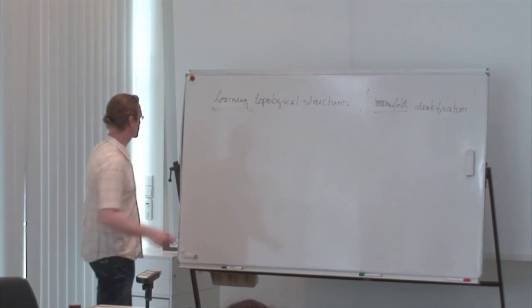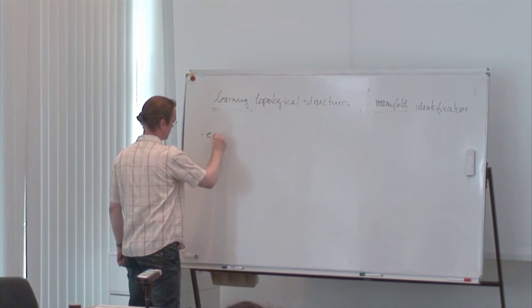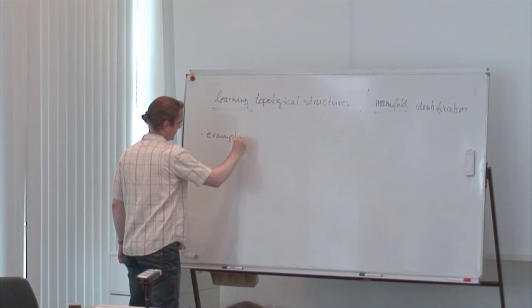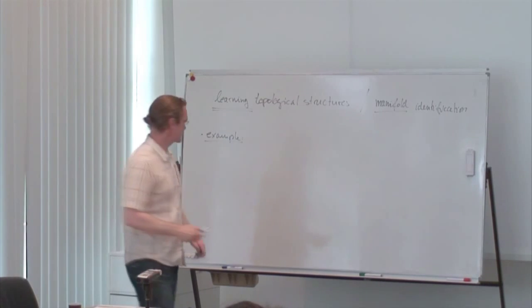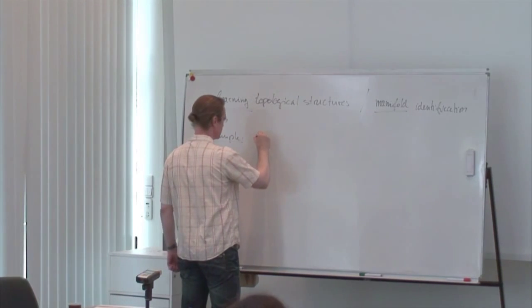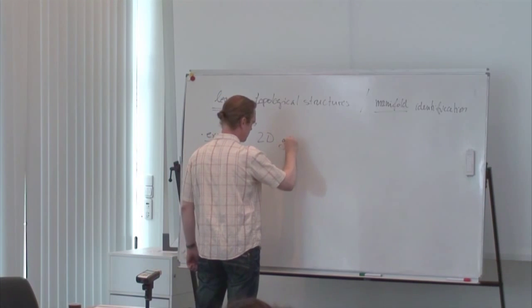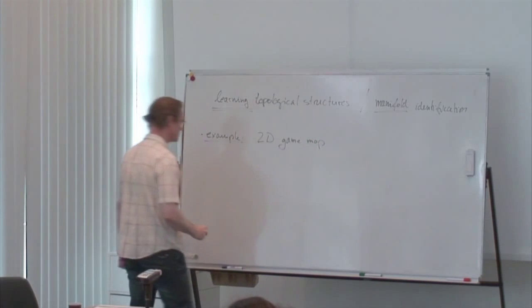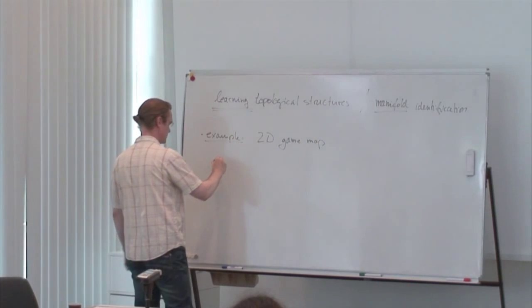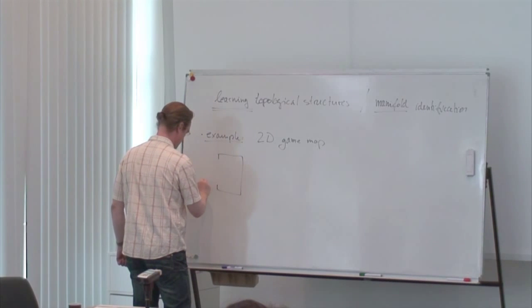And our application example is the following. And it has to do with game AI. Let us suppose that we are to consider a two-dimensional game map. I'll just draw some map, two-dimensional, I don't know.